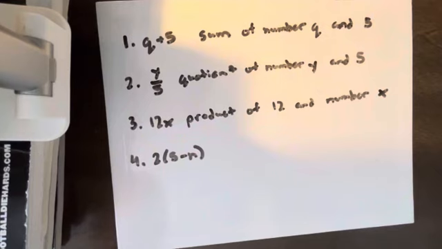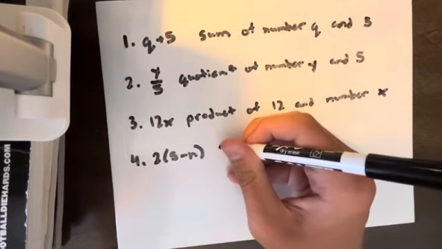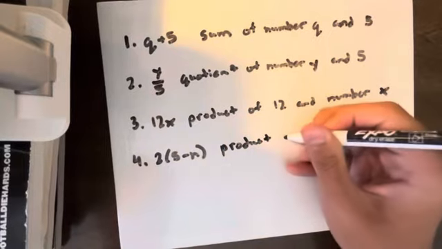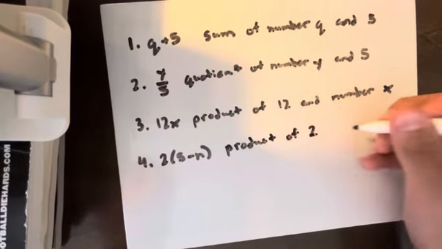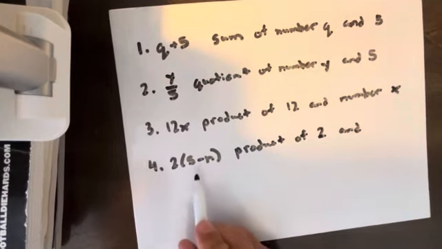When you're solving these larger questions, you want to start from the outside and go to the inside. So we have 2. We have the product of 2 and now we have to find our second keyword.